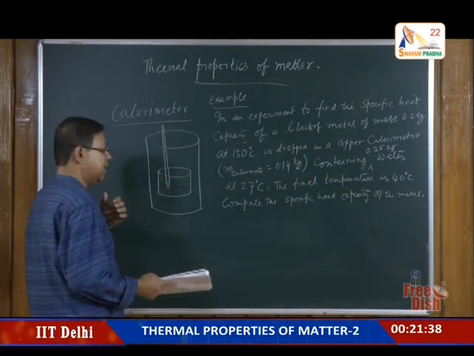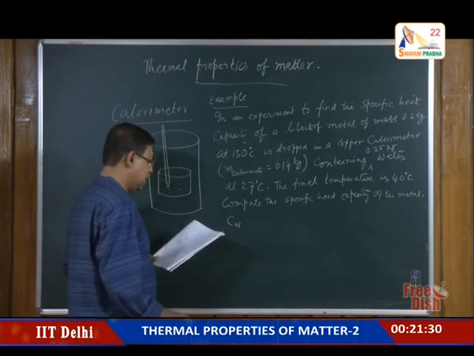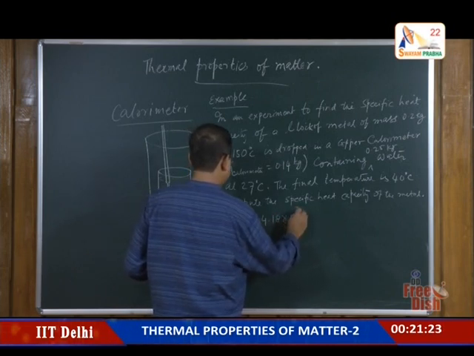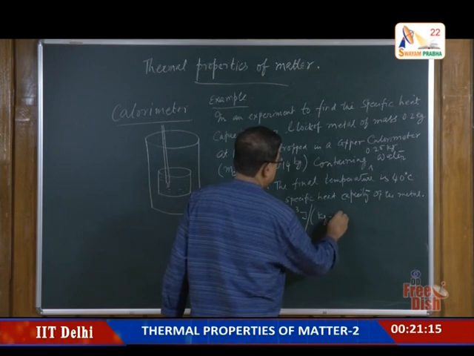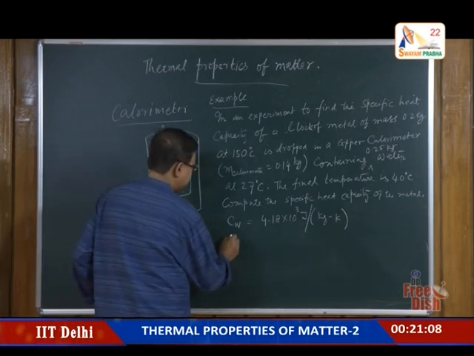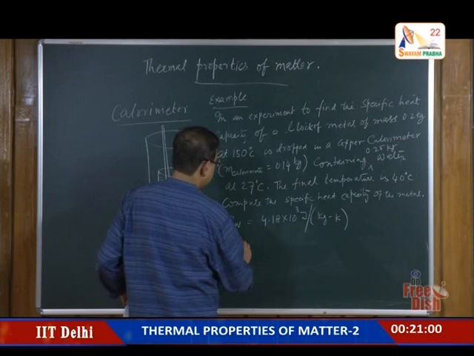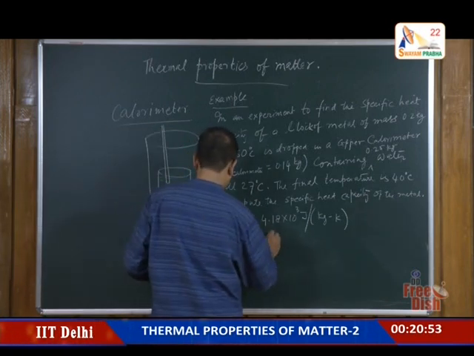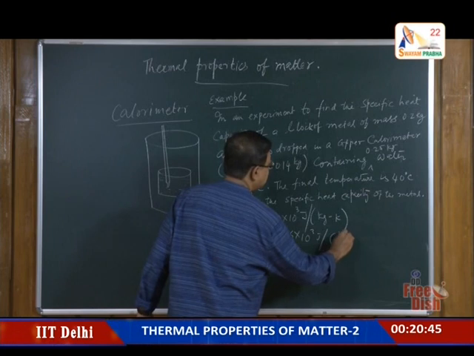It is given that, I'll use a shorthand notation now, the specific heat capacity of water, we'll call it CW, is equal to 4.18 into 10 cube joule per kg Kelvin, and the copper calorimeter has a specific heat capacity, I'll call that CC, where C stands for calorimeter, W stands for water, equal to 0.386 into 10 cube joule per kg Kelvin.